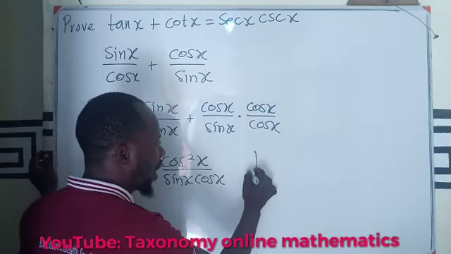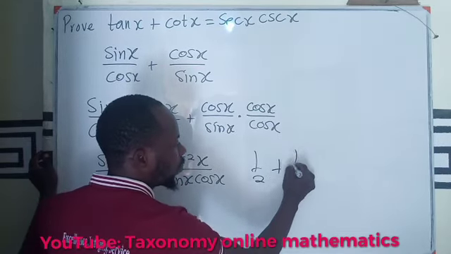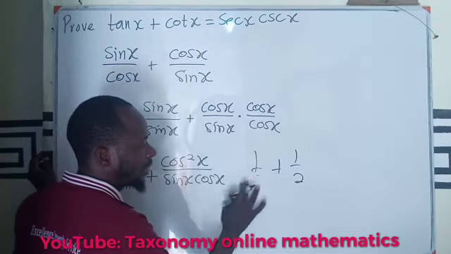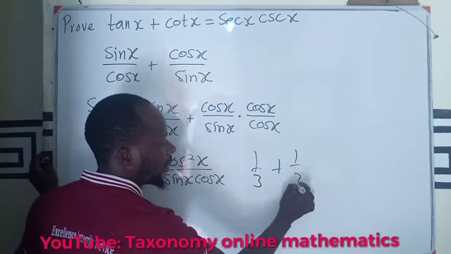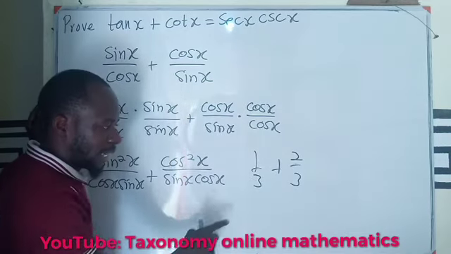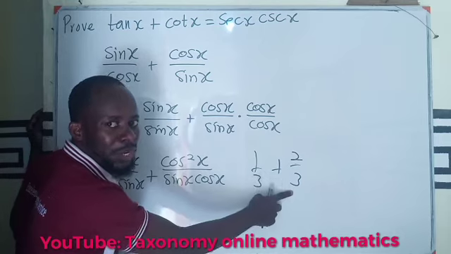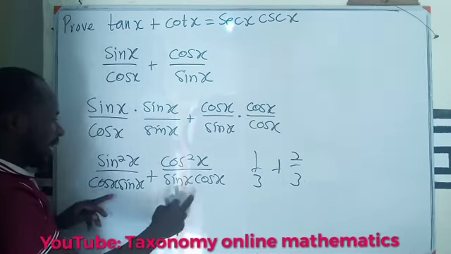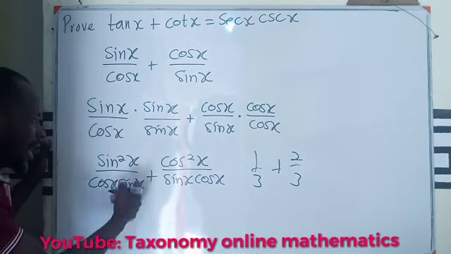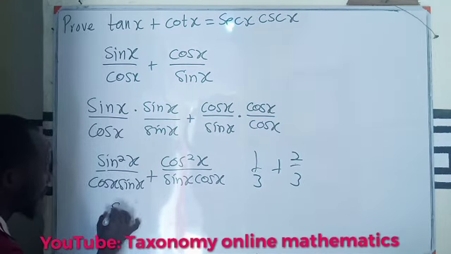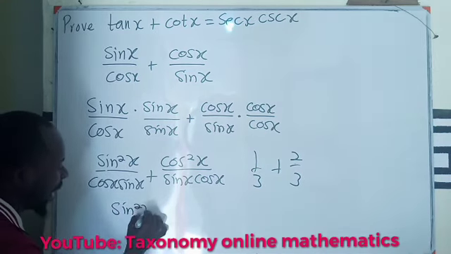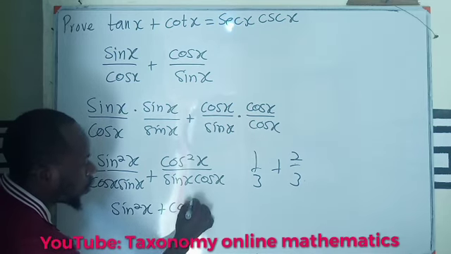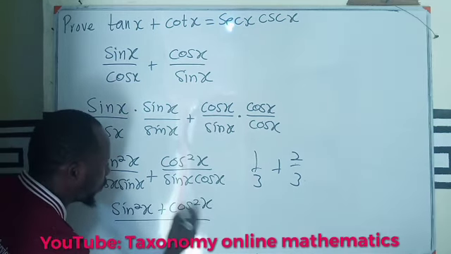Because if you have a fraction of 1 over 2 plus 1 over 2, or better still, 1 over 3, 2 over 3, the moment they have the same denominator, you can only add your numerators. So since they have the same denominators, I'm only going to add to have sine square x plus cos square x all over one of these.